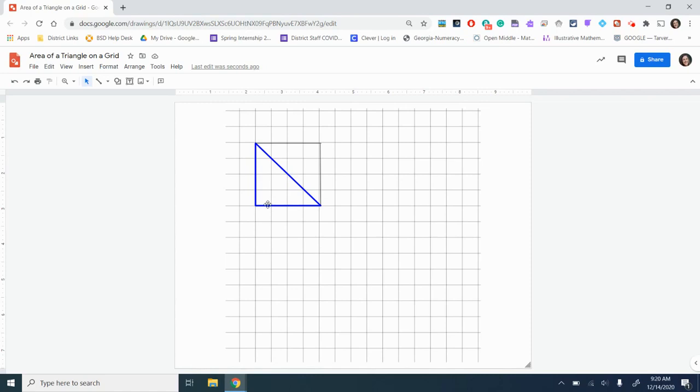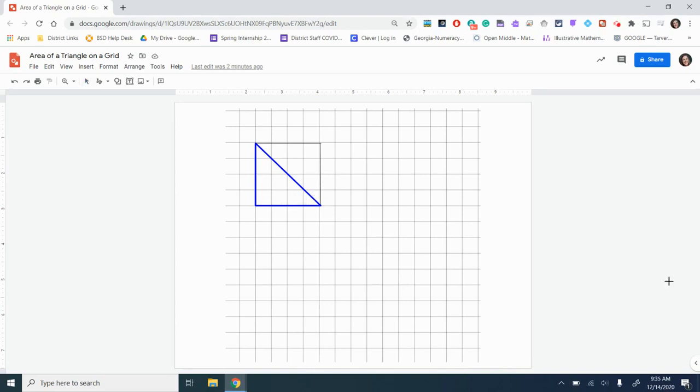So how do we find the area of a rectangle? Well, we count the square units, right? 1, 2, 3, 4, 5, 6, 7, 8, 9, 10, 11, 12, 13, 14, 15, 16.